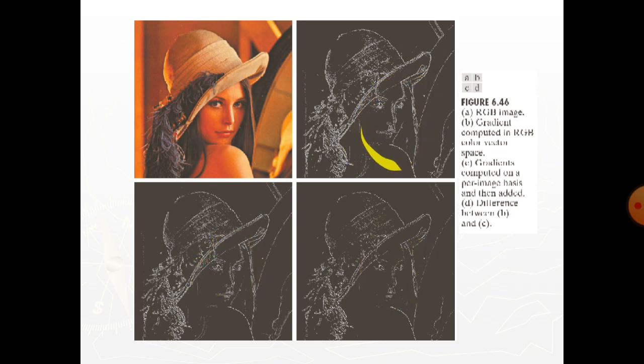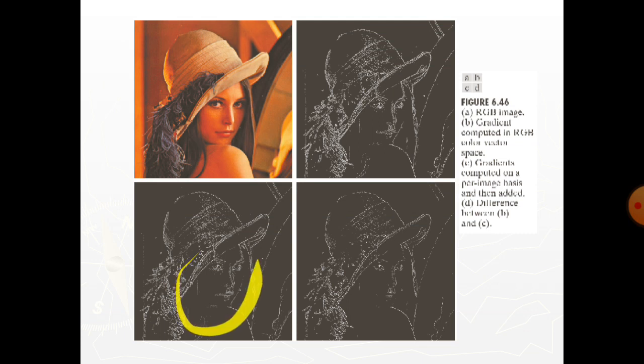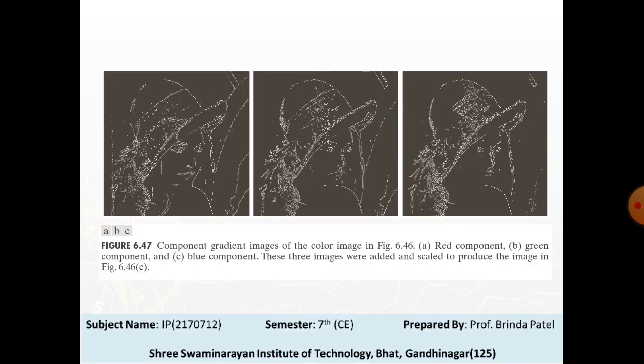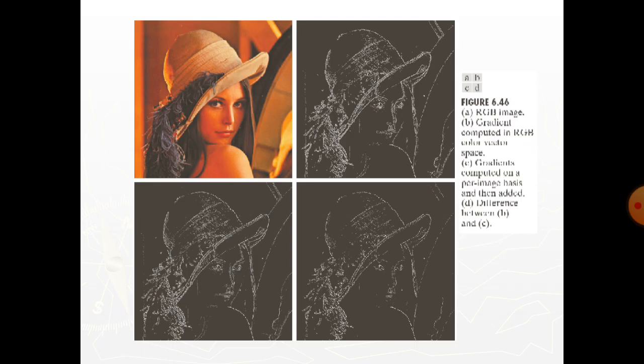We can see the difference between this image and this image. So now this figure shows the three component gradient images which, when added, were used to obtain this figure. So it is the added and scaled images of this figure.